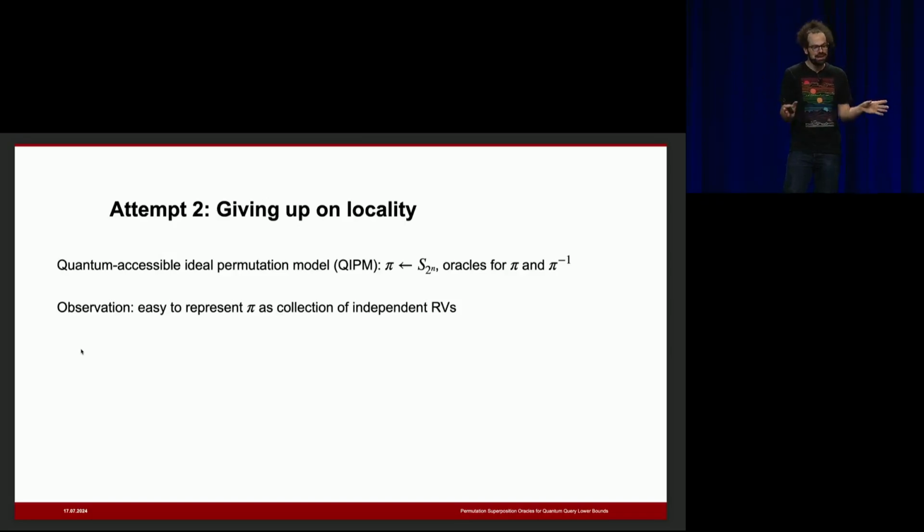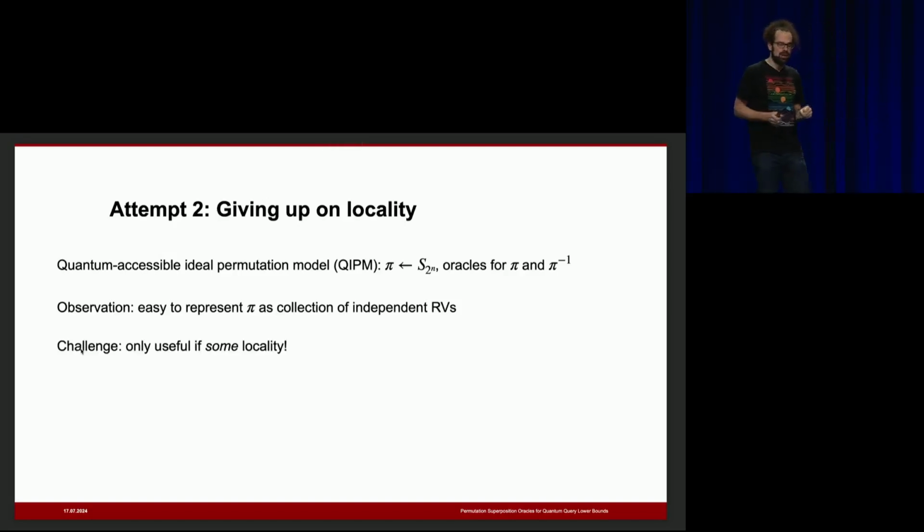They are independent, but they are very useless in the sense that they have no locality whatsoever in general. So a representation of pi as a collection of small independent random variables is only useful if we retain some type of locality.